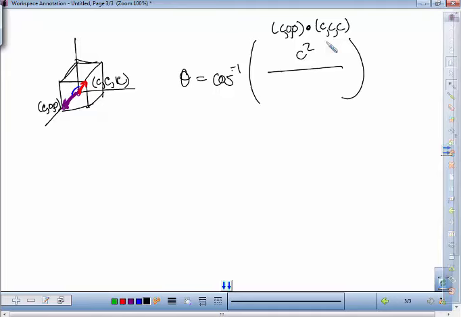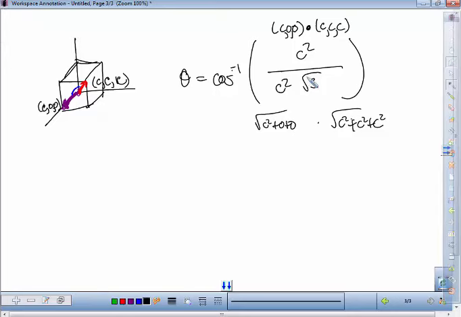Now, the denominator is going to be the square root of c squared plus 0 squared plus 0 squared, times the square root of c squared plus c squared plus c squared. So I'll have a c for the first one, and I'll have a c squared under a square root, which is another c for the second one, and then I have 1 plus 1 plus 1, which is 3.